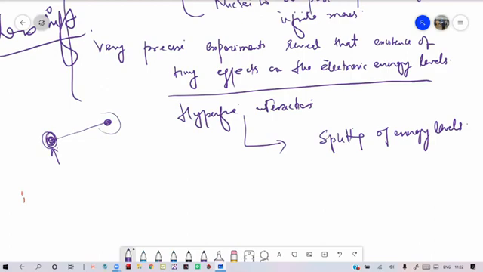One way. Another thing is what can be assumed theoretically without incorporating hyperfine interaction.